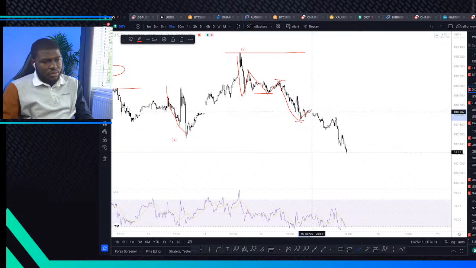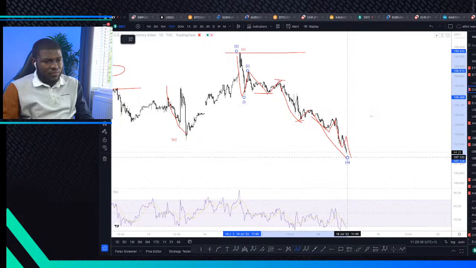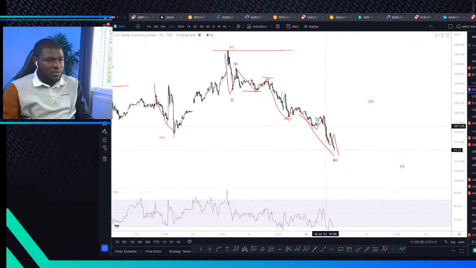Then this breakout is a wave 5. Now we are in wave 1 of 5, wave 2 of 5. This looks like wave 3 of 5, this is like wave 4 of 5, and this looks like wave 5 of 5. So if I'm to put my label there, I would say starting from here, we have wave 1, we have wave 2, 1, 2, 3, 4, 5, we have wave 3, and we are expecting a correction of wave 4 and wave 5 to the downside.